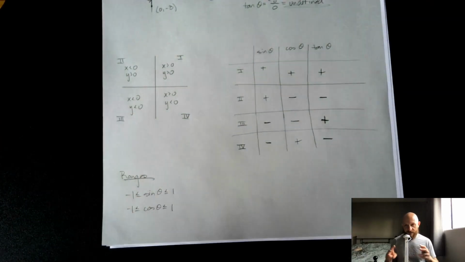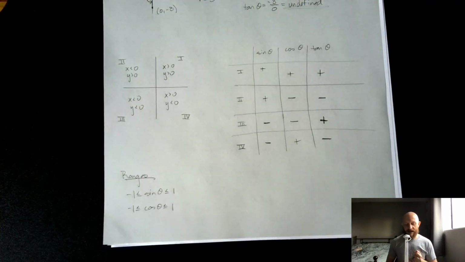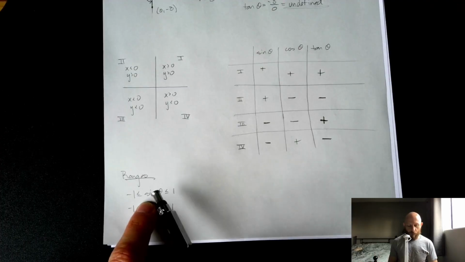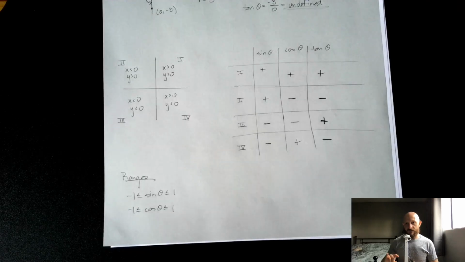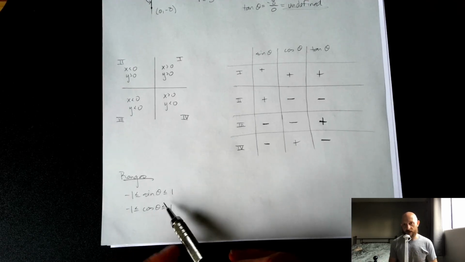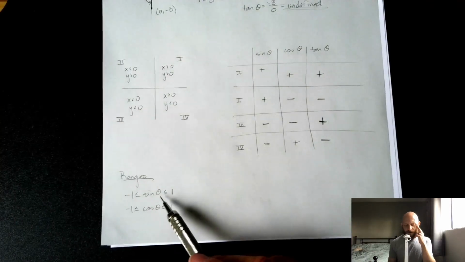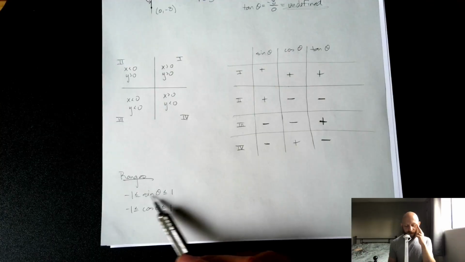Cosecant and secant, since they're reciprocals, are defined wherever the reciprocal function is nonzero.